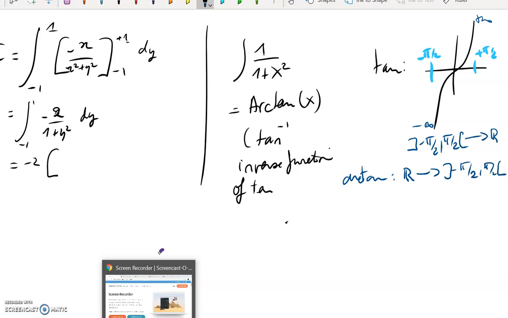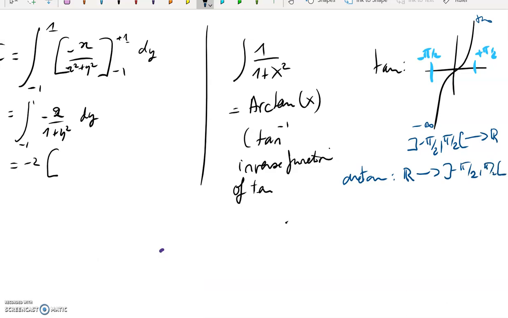If you want to draw it, it looks something like this.